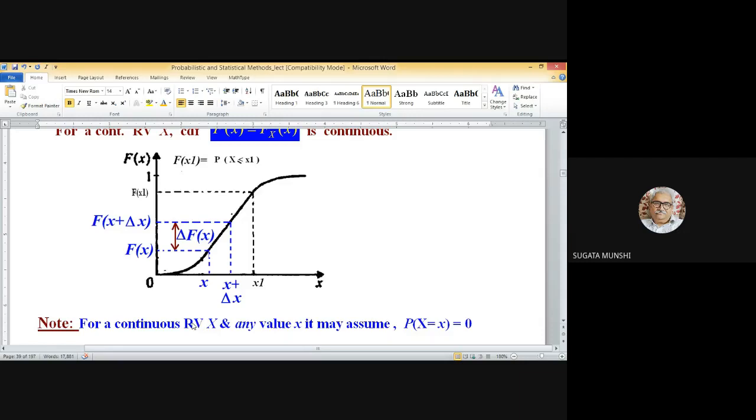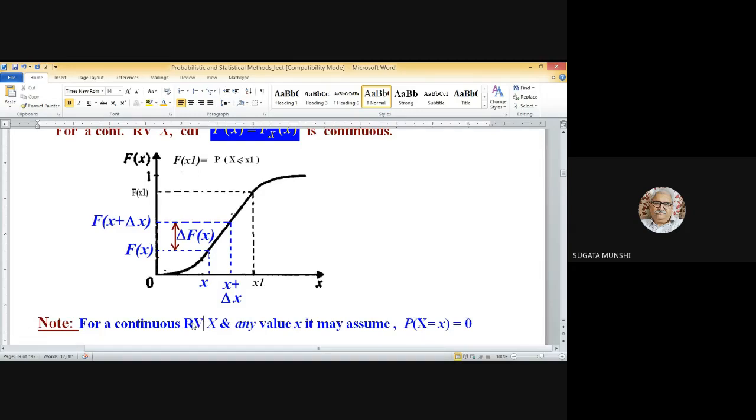Whereas in case of the discrete random variable, you had probabilities of capital X equal to small x and also the cumulative distribution function, capital X less than equal to small x. But here, probability of capital X equal to small x, that is 0 for continuous random variable. How do you interpret it?